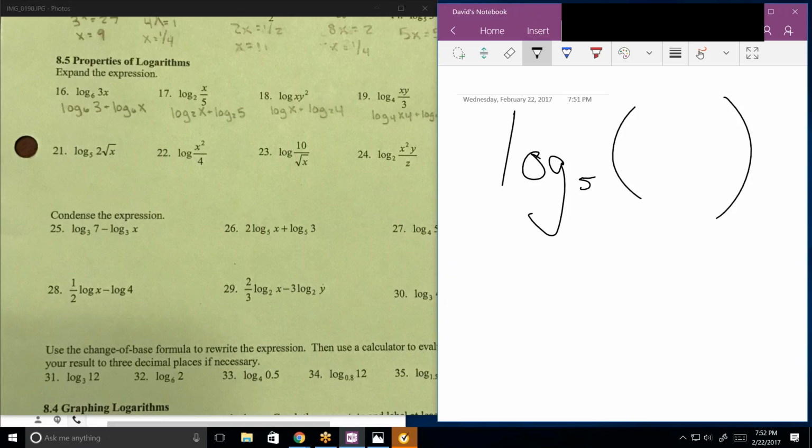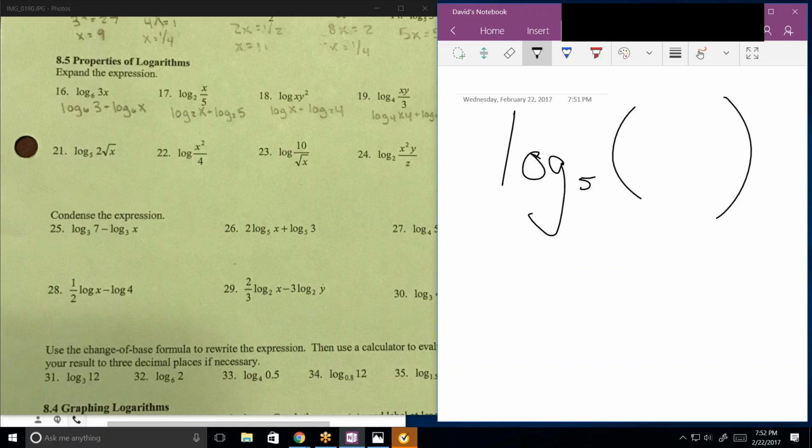Move it to an exponent. Right now it's a multiplier. So that becomes the log of x squared, plus the log of 3. So how can I write the argument? Log 5 of x squared plus 3?